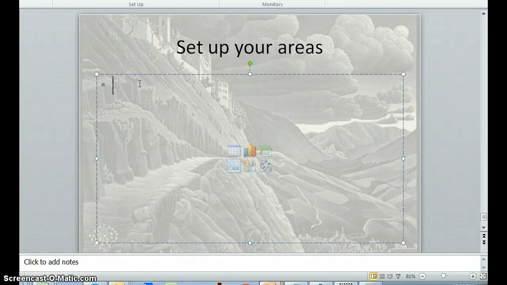So I'd like you to set up your areas so you're in Unit 2 teams.